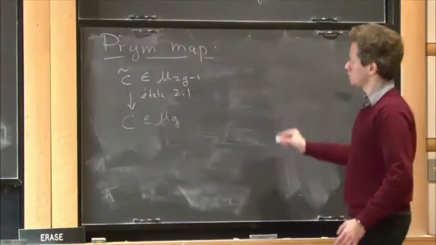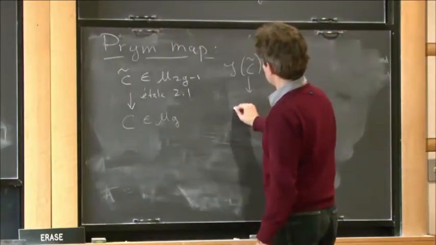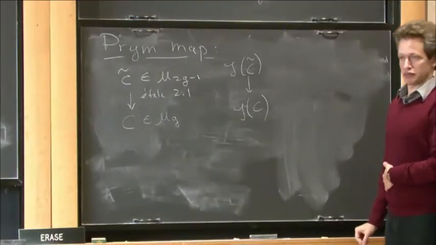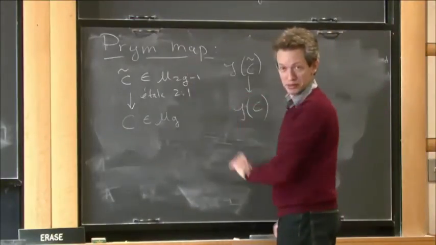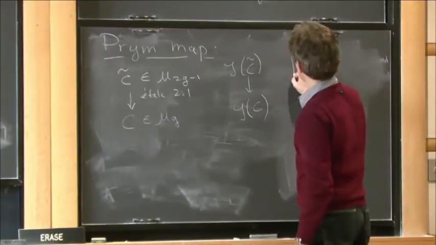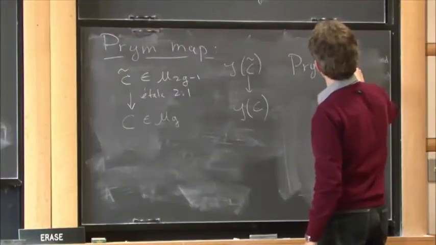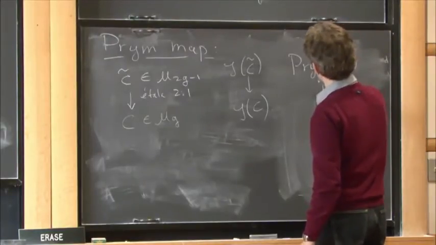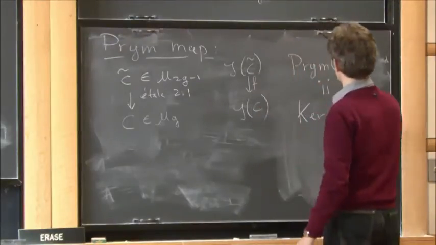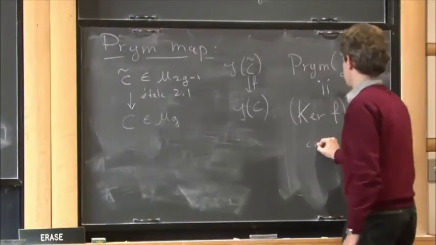If I have such a map, I can have a map from the Jacobian of C twiddle to the Jacobian of C. This map has a kernel. So the Prym of a cover is defined to be the kernel of this map, but then I'll need to take the connected component of 0.